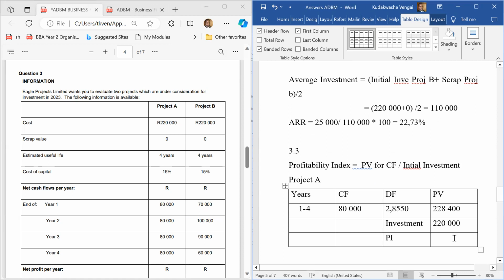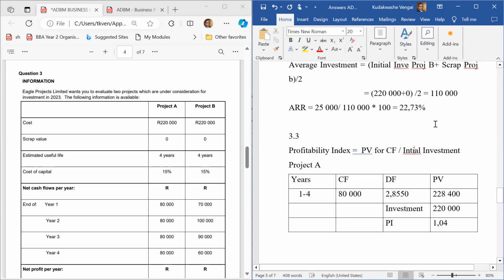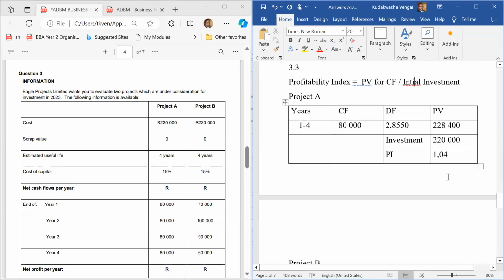So if I then say 228,400 divided by 220,123, then I get my final answer of 1.04 as my profitability index. Are we together here? Yes. Yes, we're still with you, James.